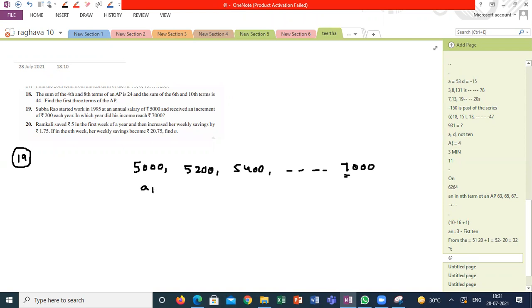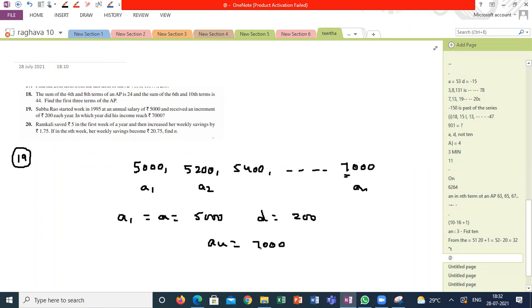So this is A1, A2, and AN. Your A is equal to 5,000. Common difference is your increment, 200. Your AN is equal to 7,000. Find out in which year his annual income is 7,000.